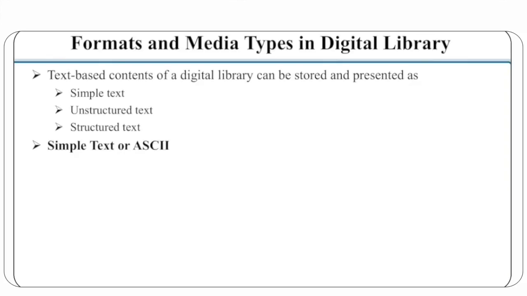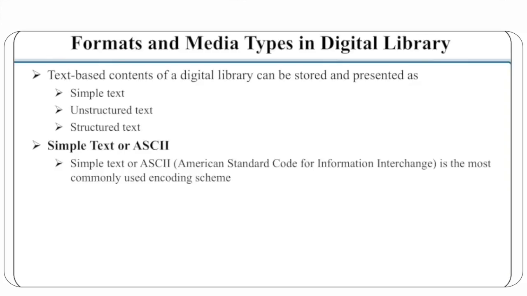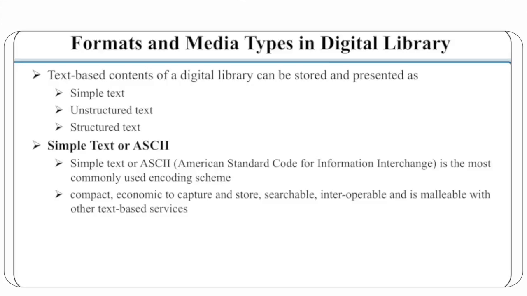Simple text or ASCII is the most commonly used encoding scheme used for facilitating exchange of data from one software to another or from one platform to another. Simple text or ASCII is compact, economic to capture and store, searchable, interoperable, and malleable with other text-based services.